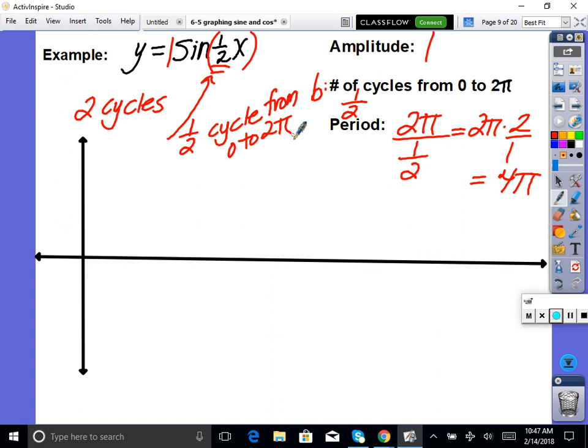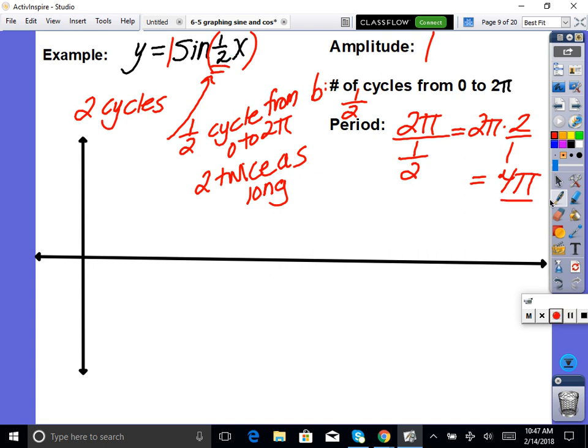So doesn't that mean to create one cycle, it's going to take twice as long? Twice as much time, correct? To create one cycle. So wouldn't I be multiplying by 2? If it's going to take twice as long to get one cycle, aren't I going to need to multiply these values by 2? My theta values by 2 to get a full cycle. Otherwise, we're not going to have a full cycle.